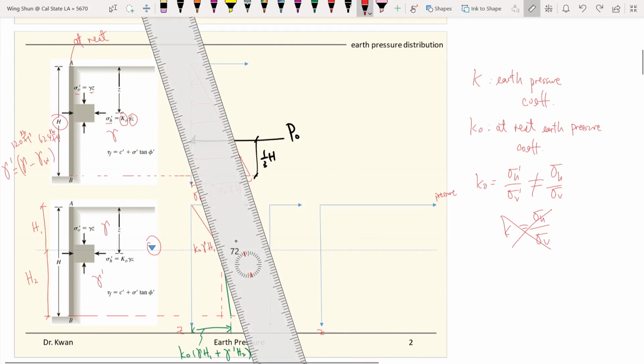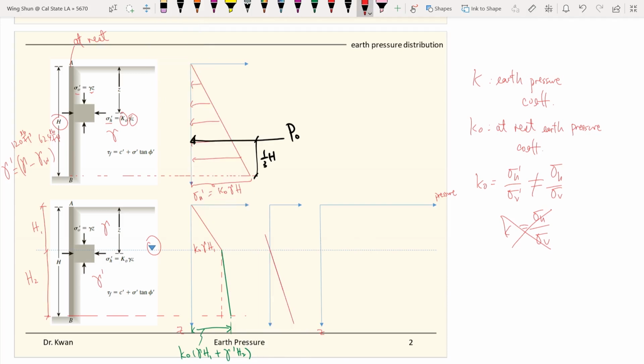So here will be the distribution of your water. This is the distribution of the water, so this is the water pressure. And at the bottom here will be the unit weight of water times H2.